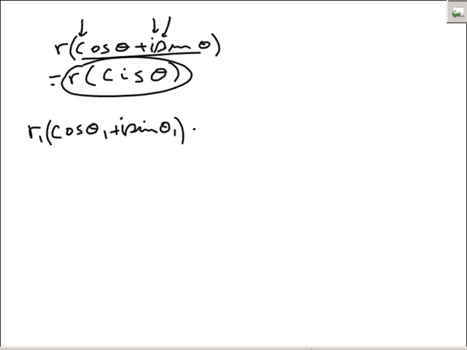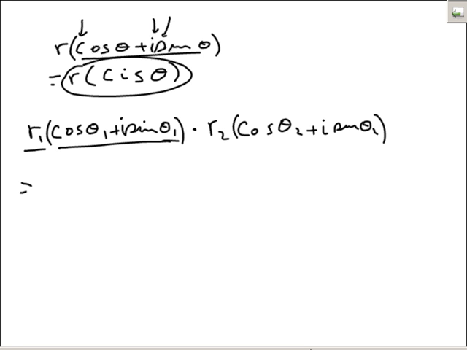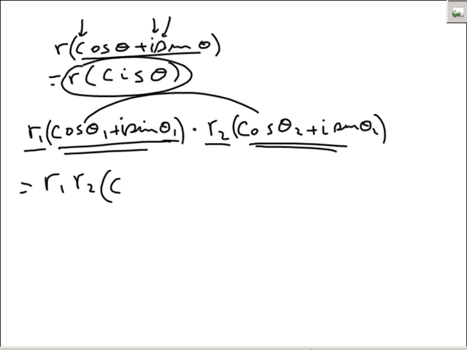There's one, and I'm going to multiply by another one. They are r2 times cosine of theta 2 plus i times sine theta 2. Oh, we're multiplying 4 things. 1, 2, 3, 4. I feel like multiplying the first and the third. Now I'm going to multiply this times that. I'll use the distributive rule. I'll get cosine theta 1 times cosine theta 2. And then I'll do those two.